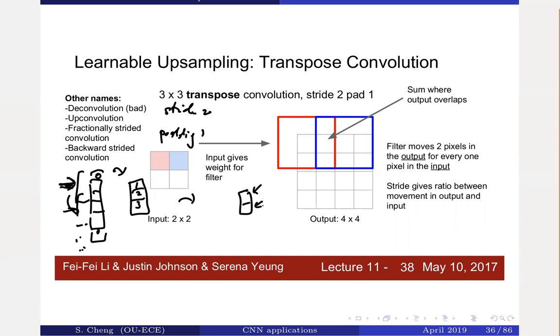So let's say stride 2 and padding 1, and this one here is the kernel. Let's say I have 1, 2 here.